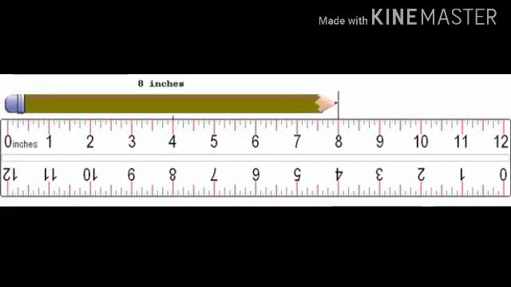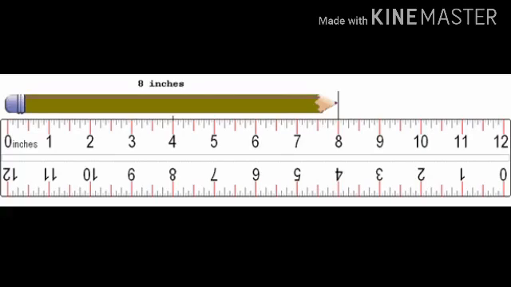Then how do you measure the length of a pencil? To understand this, let us use one activity. To do this activity, we need a 1 meter scale and 1 pencil. Then how do you measure? First, the head of the pencil has to coincide with 0 of the scale.